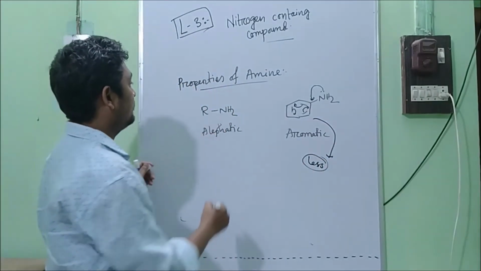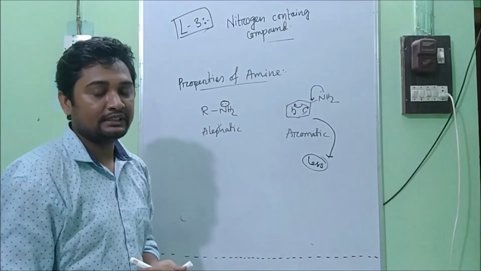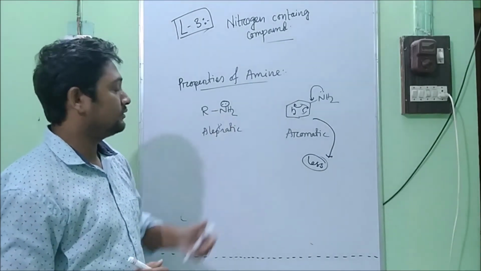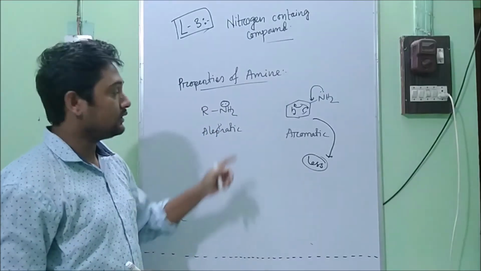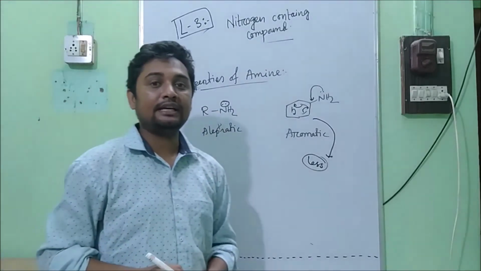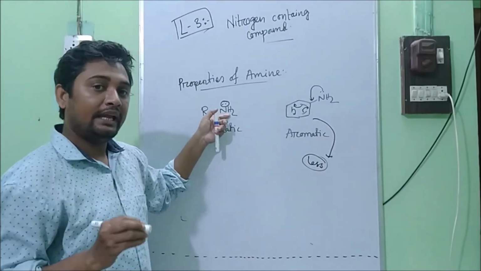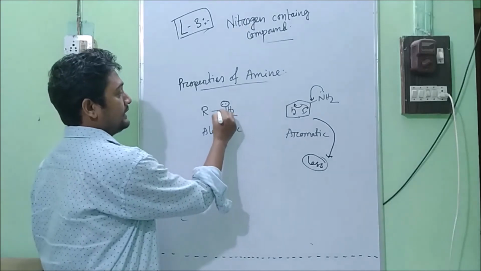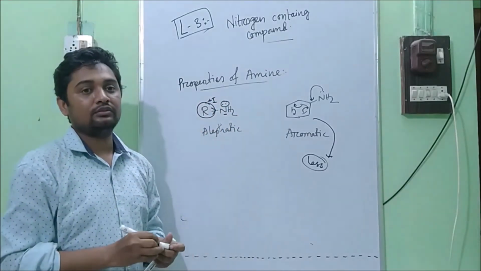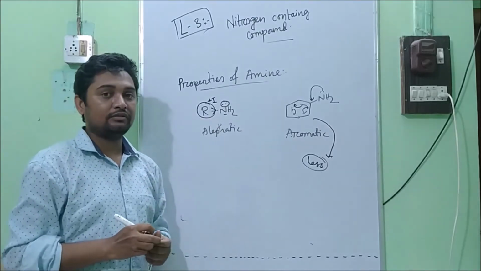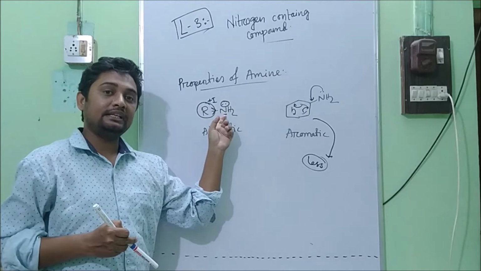Now here, this lone pair will not participate in any kind of resonance, because there is no conjugation, so it will not undergo any kind of resonance. So the lone pair will be available on the nitrogen atom. Again, the electron density will increase by the plus I effect of this alkyl group, and because of this effect, the electron density will increase.